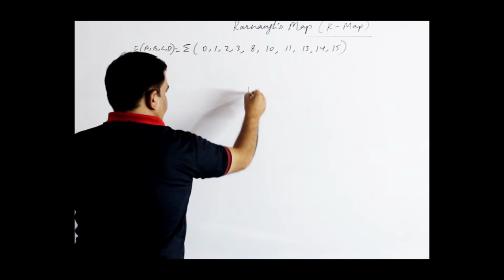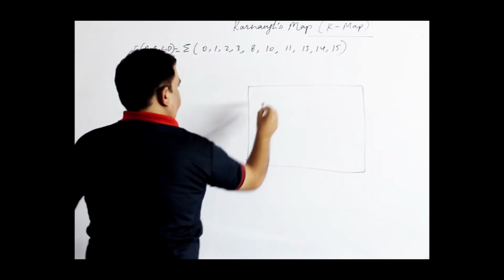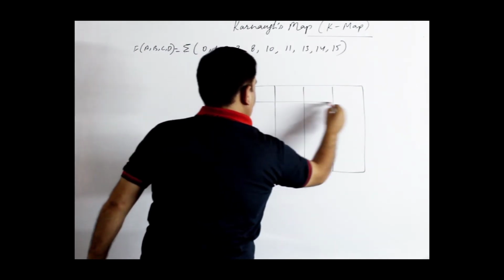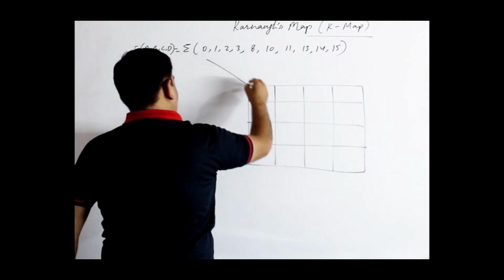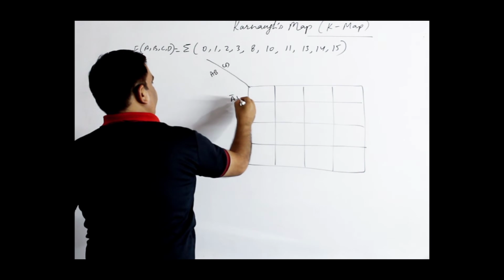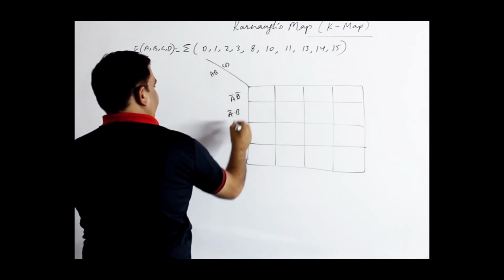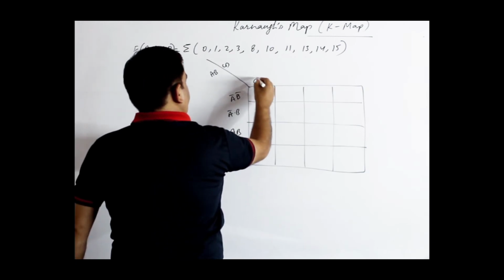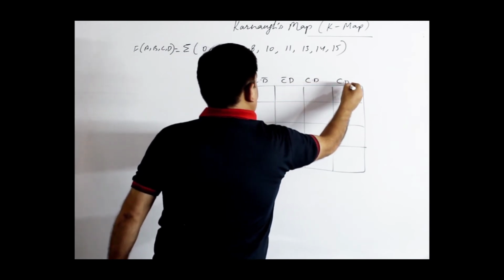Draw the K map first of all. A, B, C, D, A complement B complement, A complement B, A B complement, C complement D complement, C complement D, C D and C D complement.